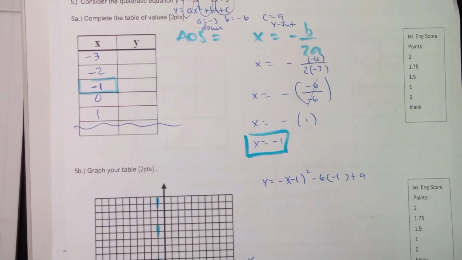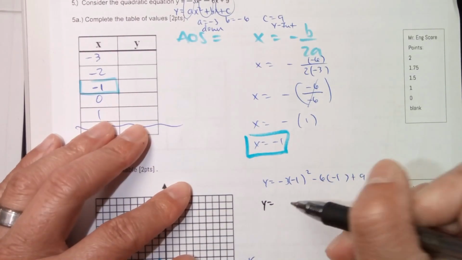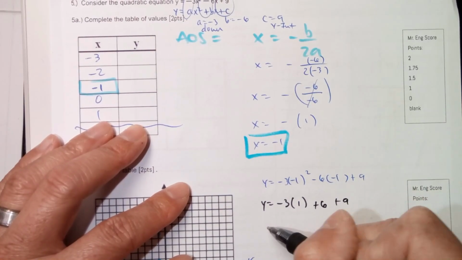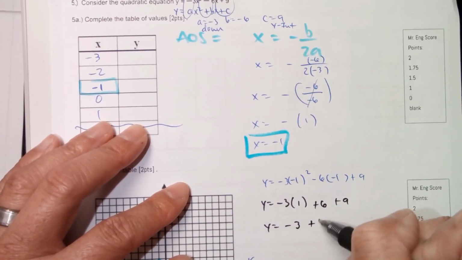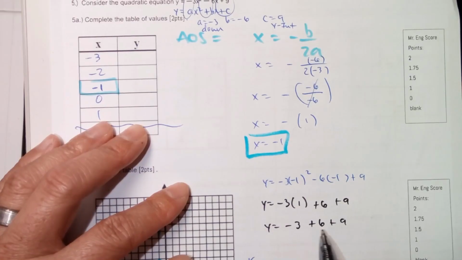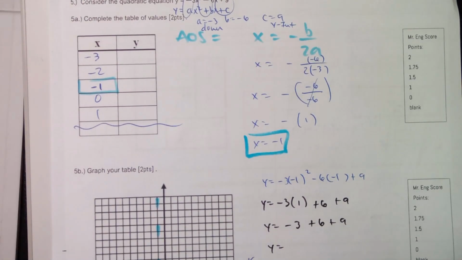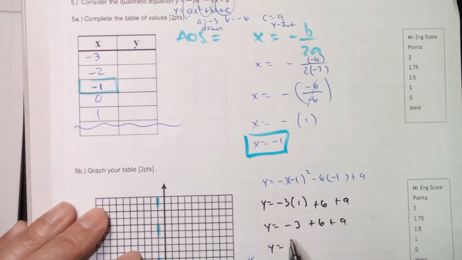Becomes a +6 plus 9. That's +3. And then that gives me a y value of 12. So my coordinates are -1, 12.